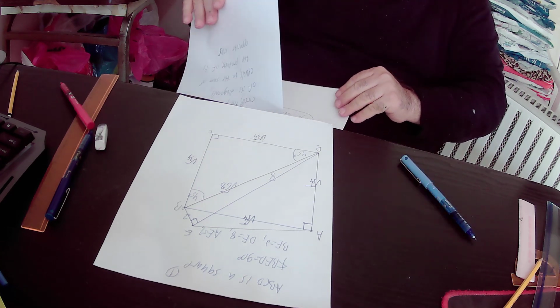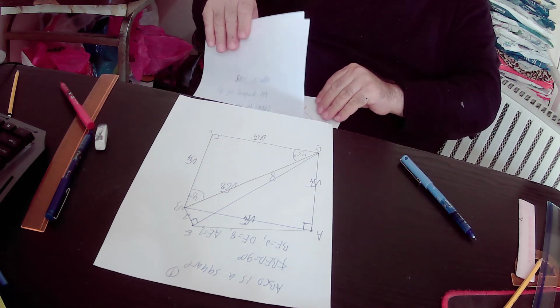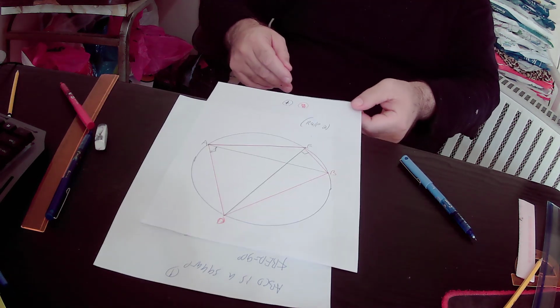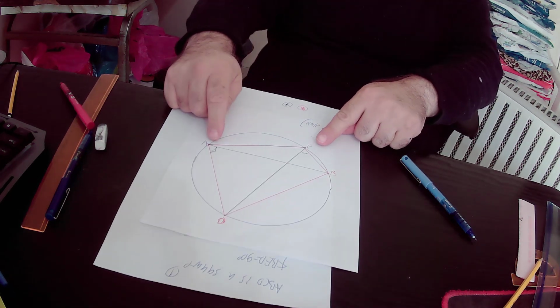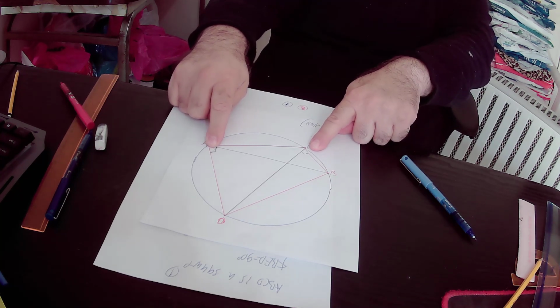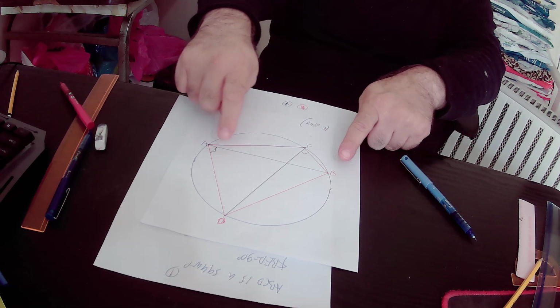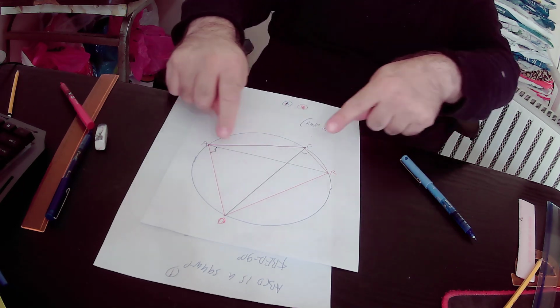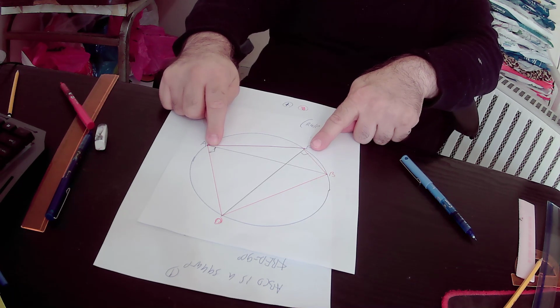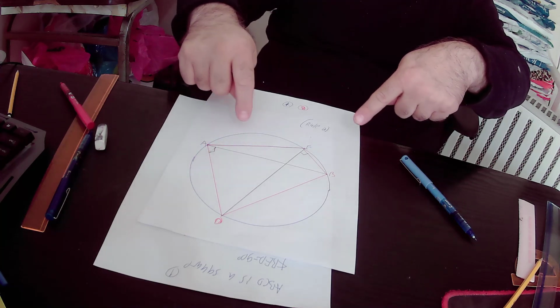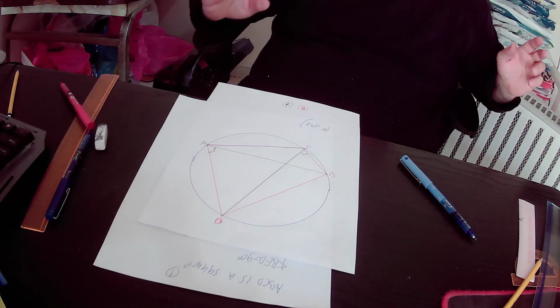Okay, so according to rule number 2, because we have two equal angles, both equal to 90 degrees, and both lie on the same line segment DB, or in other words those two equal angles subtend the same line segment DB.